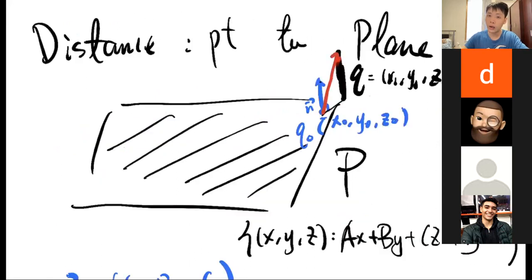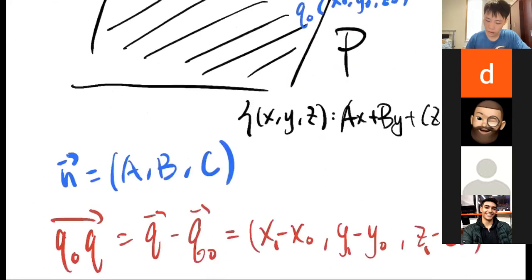You project the red on the normal vector, so that this is the distance. Because the distance vector needs to be perpendicular, you need to project the non-perpendicular vector Q0Q, the red one, onto the blue one, so that it becomes perpendicular. That's the orthogonal projection, right?